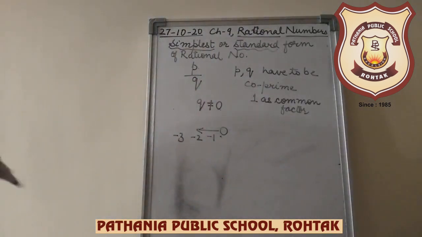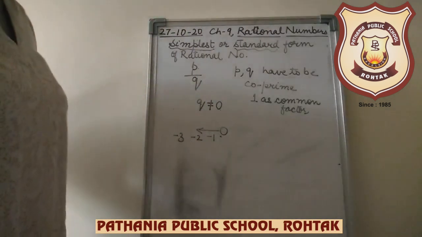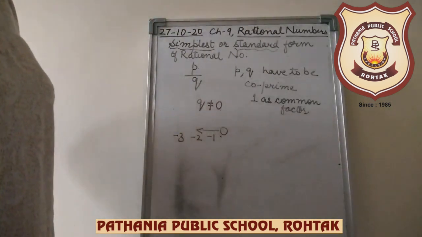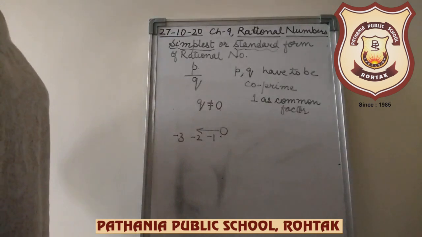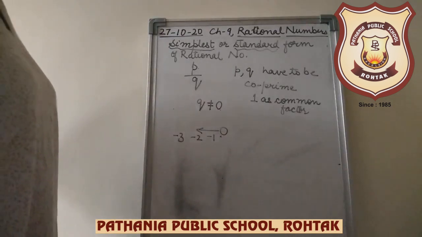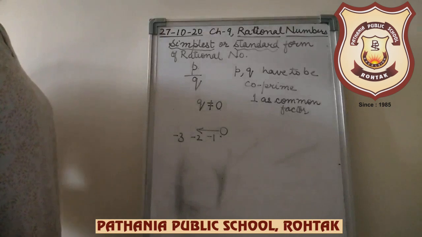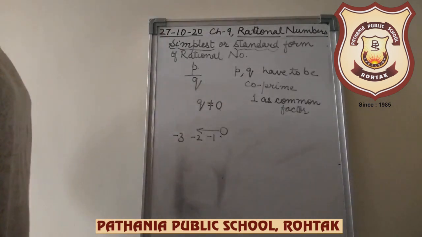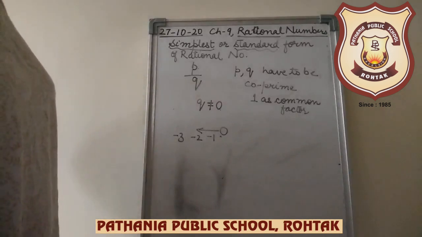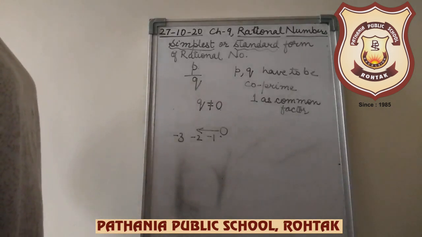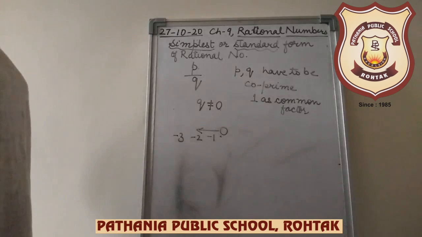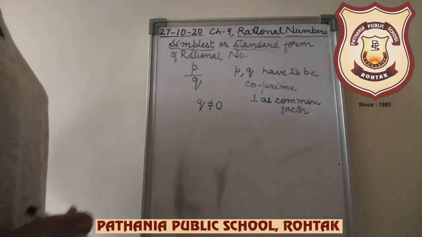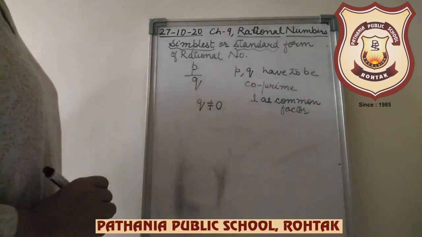Okay, when we are writing in standard form, Q, the denominator, should always be positive. Numerator can be negative or positive, but the denominator should always be positive and it should not be equal to 0.